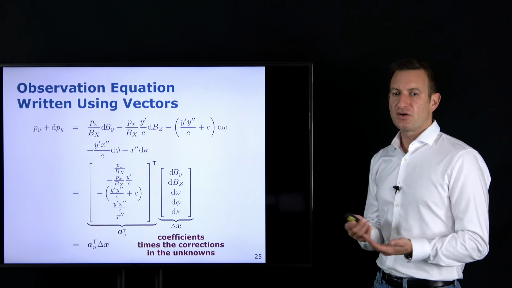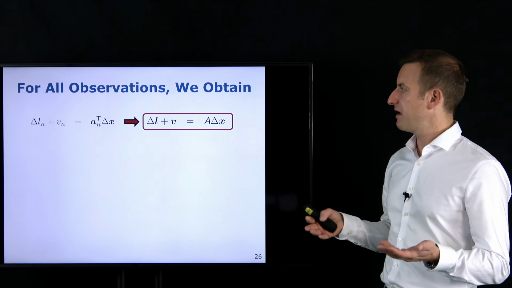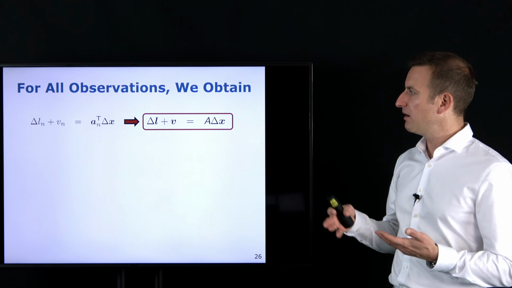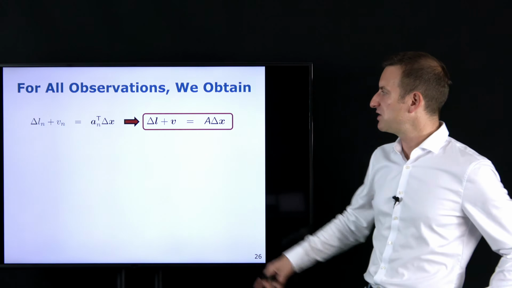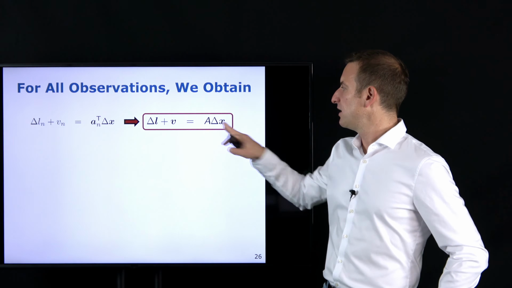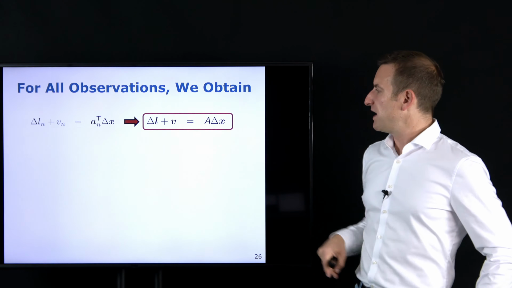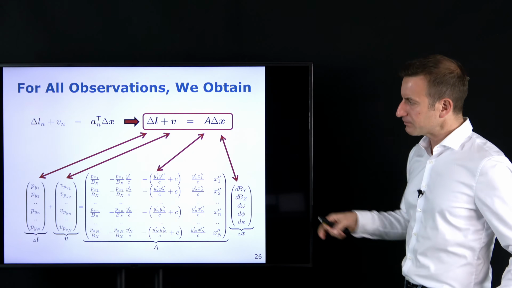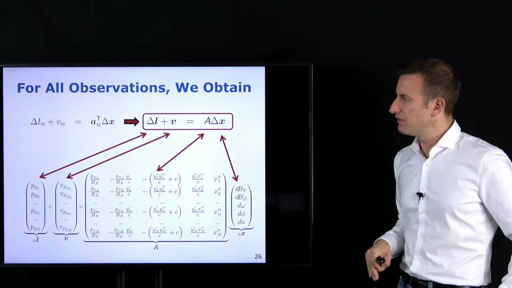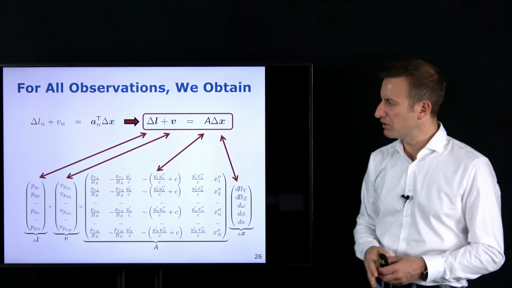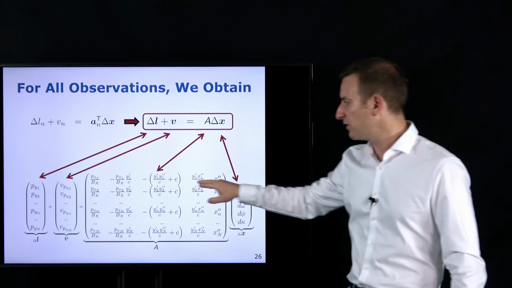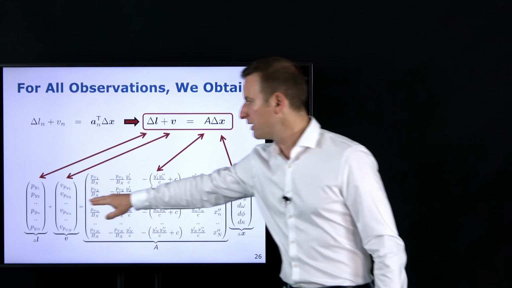Okay? And this is now exactly what we have in our standard Gauss-Markov model equations, with observations, corrections, coefficients, and parameter updates. And if I have multiple observations of multiple corresponding points, every corresponding point gives me one row in this equation.